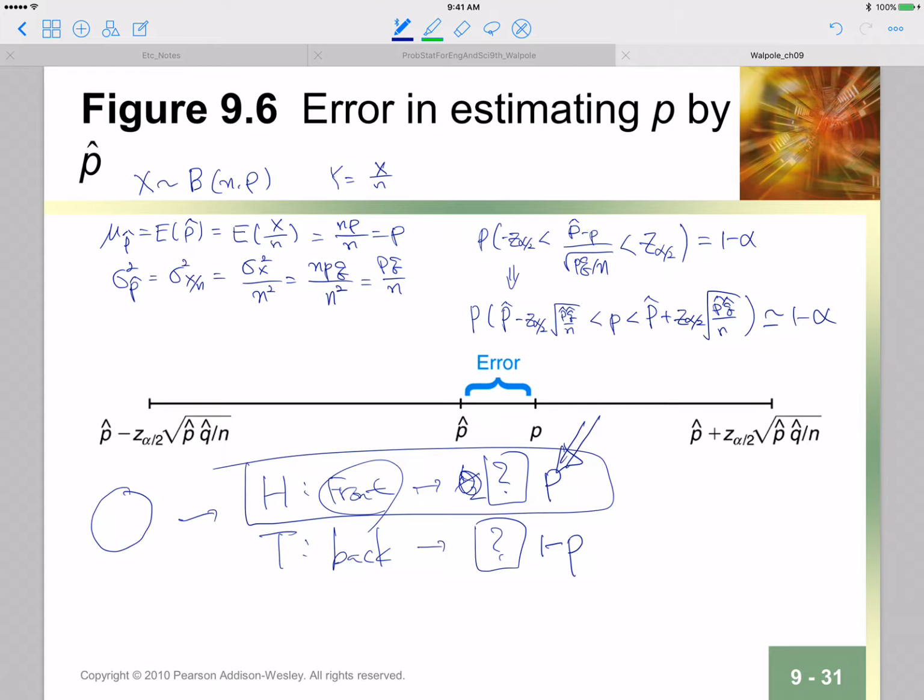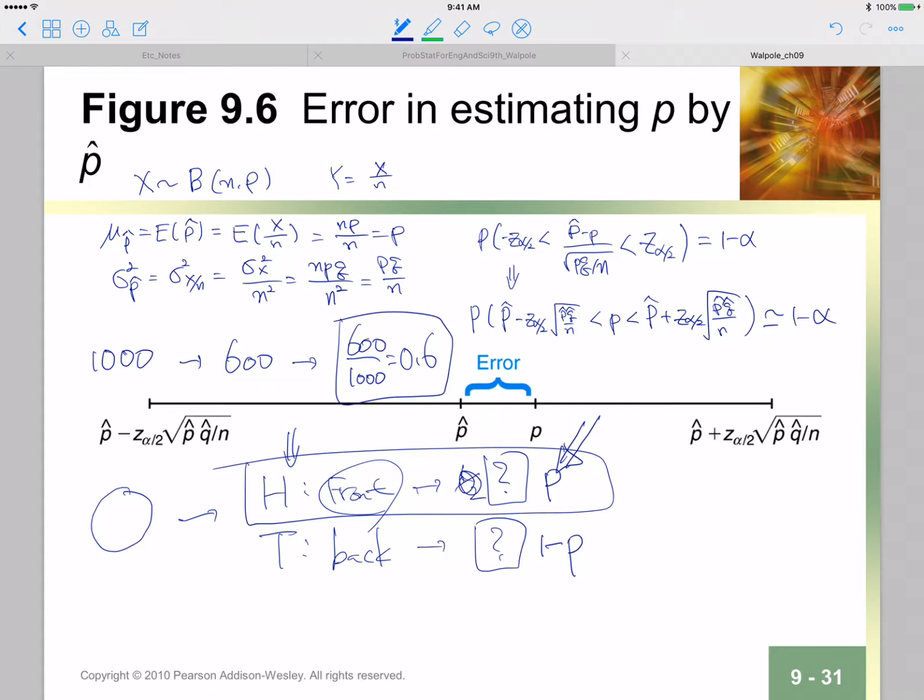We throw the coin many times, and suppose we have 1,000 coin flips, and exactly 600 times the head or front side was observed. In this case, we can simply estimate the true probability of seeing the head as 600 over 1000, which means 0.6, right?